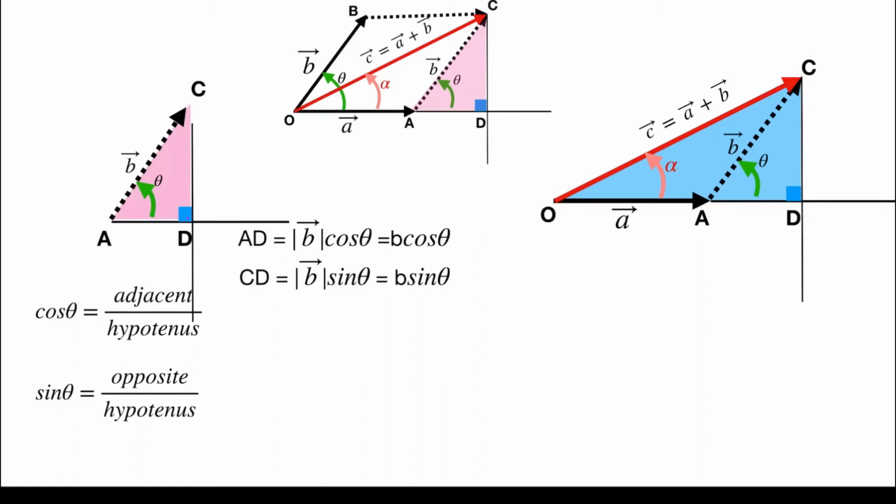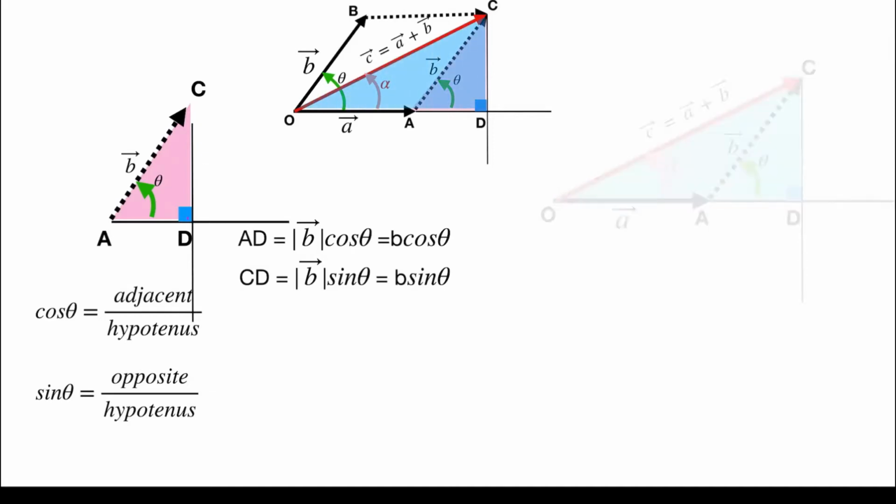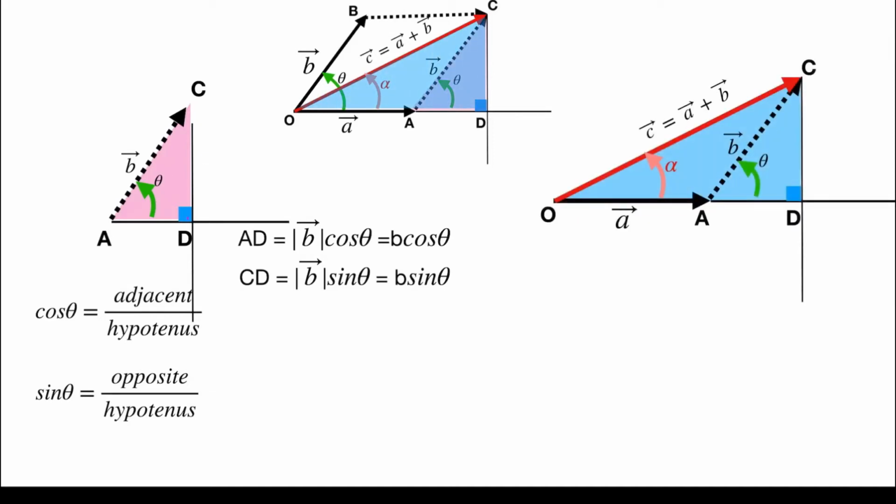Now by using the other right angle triangle OCD and the Pythagorean theorem, we can say that OC square, which is the hypotenuse square, is equal to the base square, which is OD square, plus CD square, which is the height of the right angle triangle.